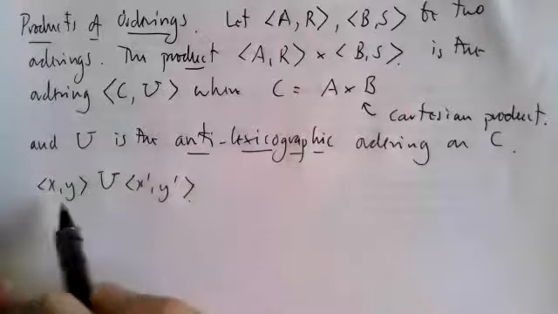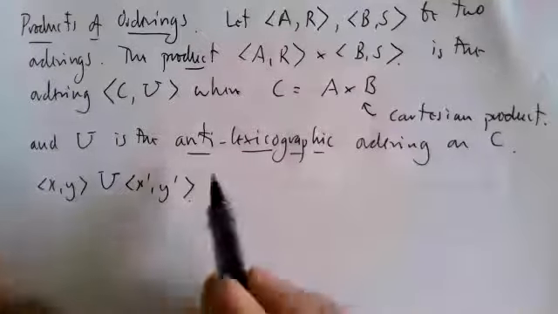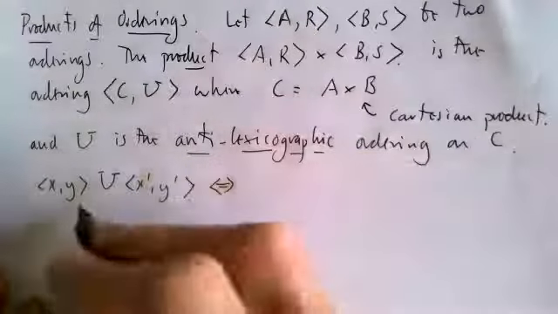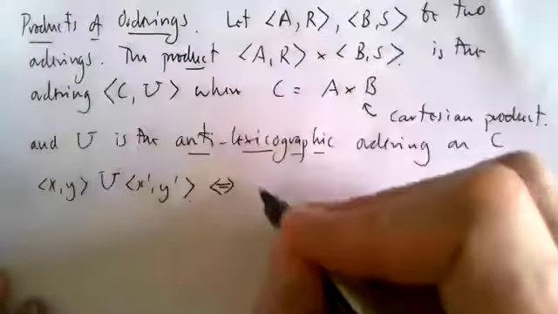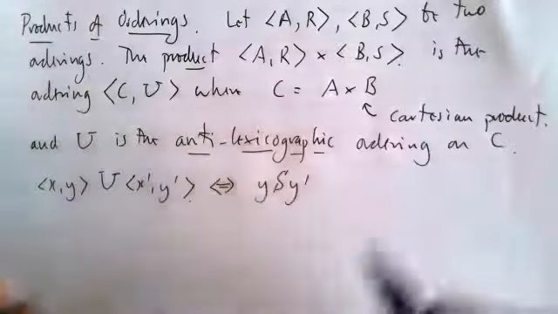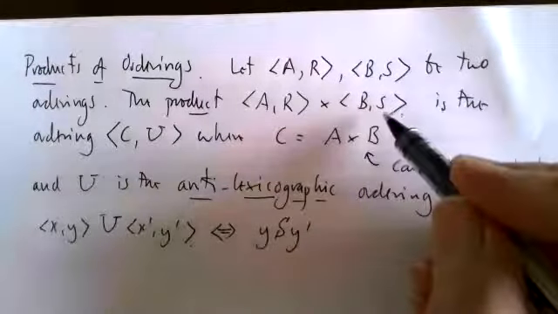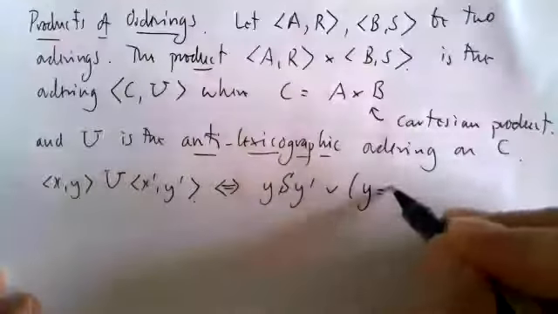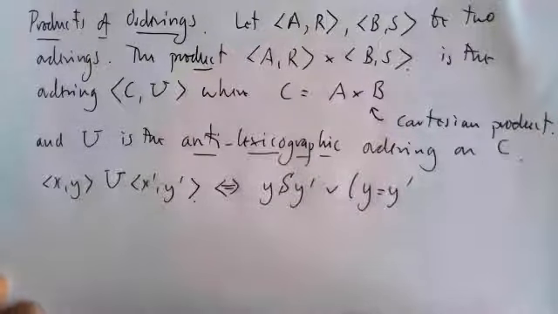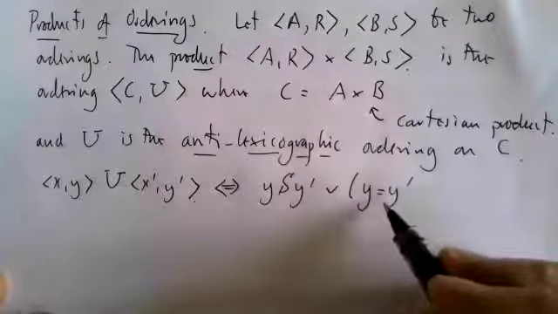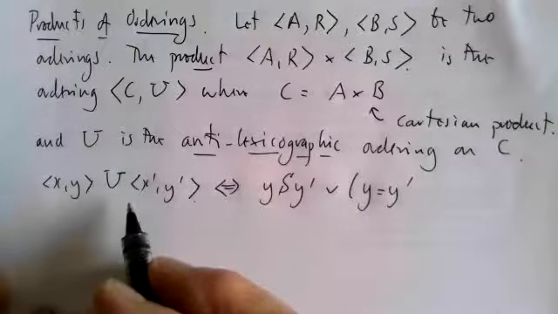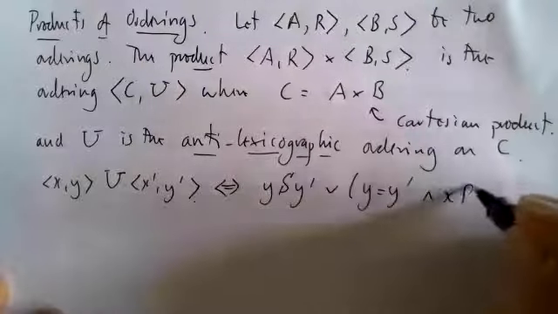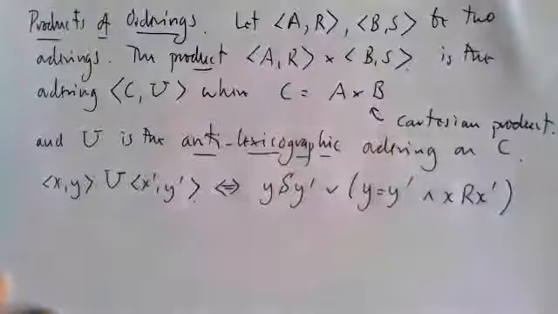So dictionary ordering, well, the words have only got two things in them. The anti means we start at the back, right? So either y comes before y prime, right, over there in the B ordering, or y equals y prime, and we're in the y prime block here. So we now order according to where the x's lie.